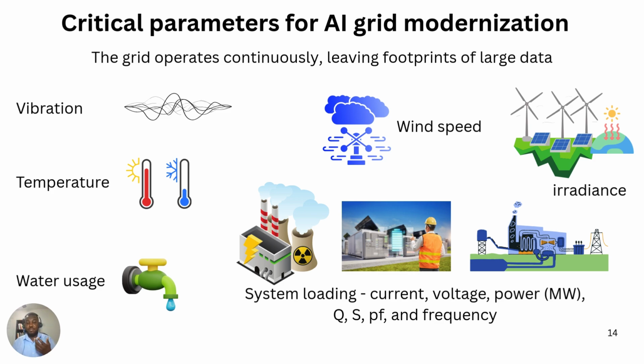Once frequency goes up, the speed of the generators will be higher. And once you increase speed more than the nominal speed, the generators will begin to vibrate. And once there's vibration, you can cause mechanical breakage in parts of the generator and even the prime mover. So we need to monitor critical parameters. Number one, I have here vibrations.